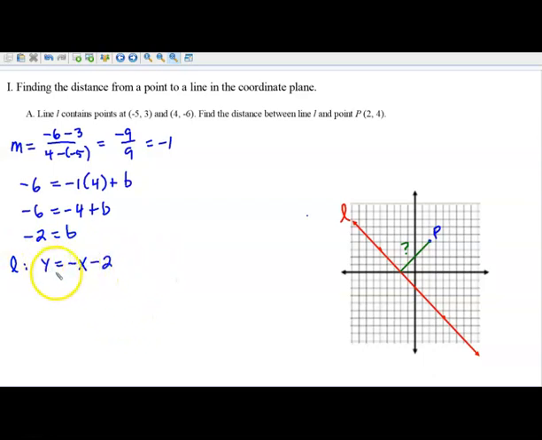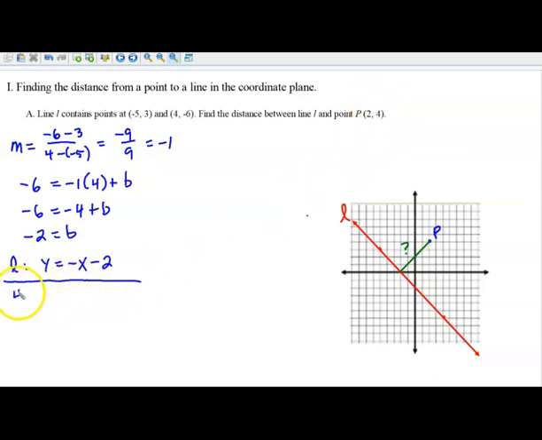Okay, well, that's important because we have to know the equation for this line that would be perpendicular to L. All right, so that's going to be the next move, is what is the equation for this green line? You can give it a letter if you want, but we need to know what this equation would be. Well, we know the slope would be +1. Okay, and so we know that one of the points for sure on line P is the point 2, 4.